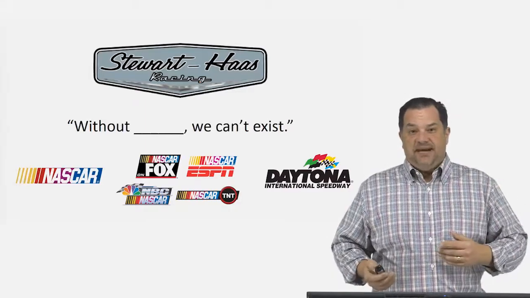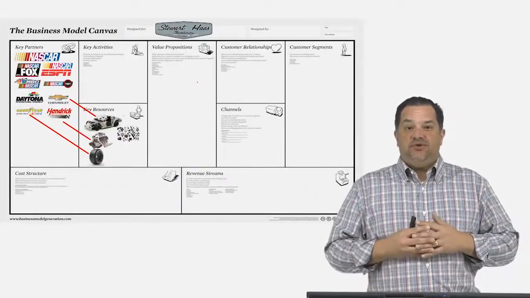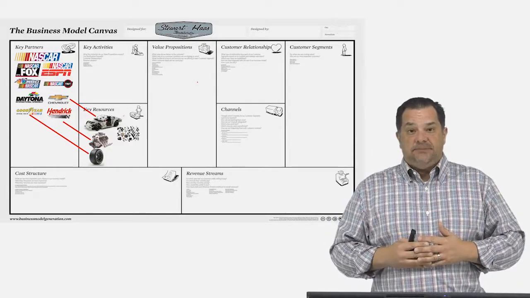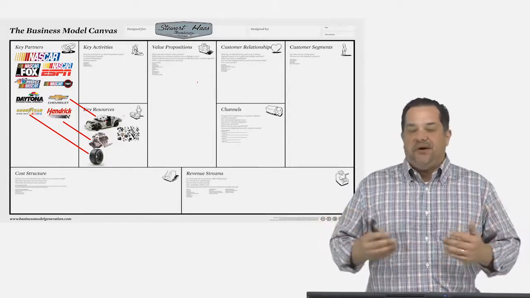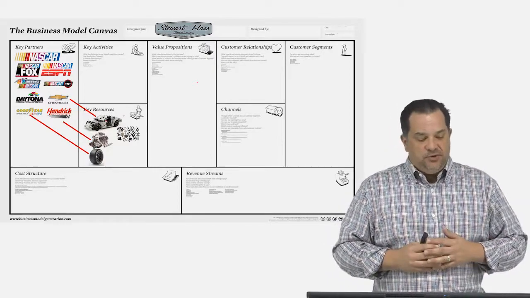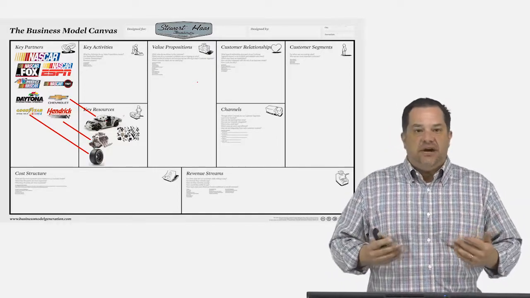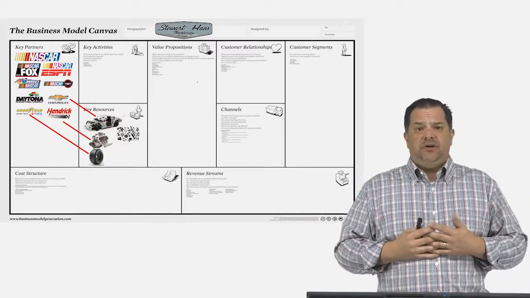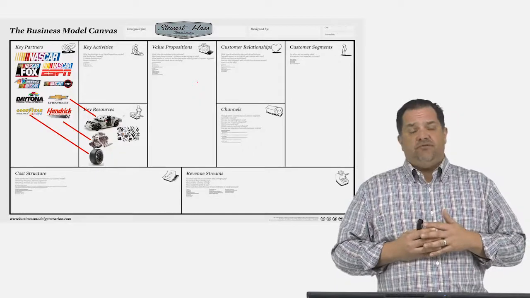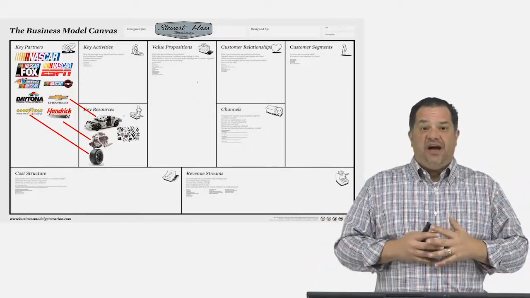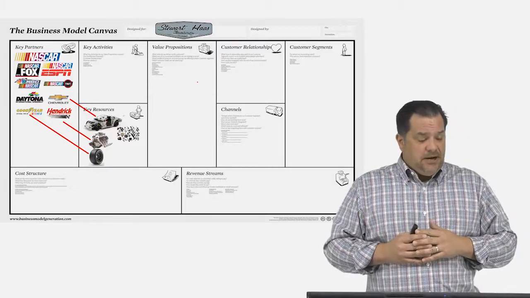So when we talk about that, we translate that over to our key partners in our business model canvas. If you were going to business model canvas a race team, we've got a lot of key partners that include NASCAR and television contracts, race teams. We actually also have a lot of other key partners, which would be partners like Chevrolet, Ford, Toyota, all have race teams.